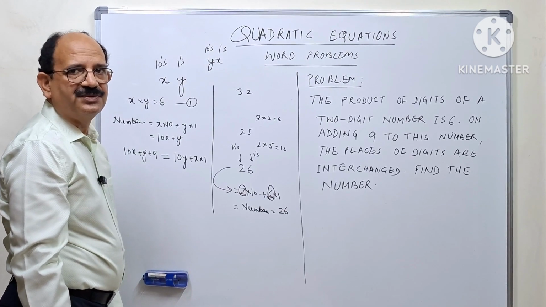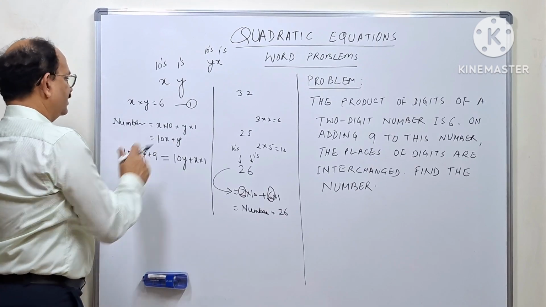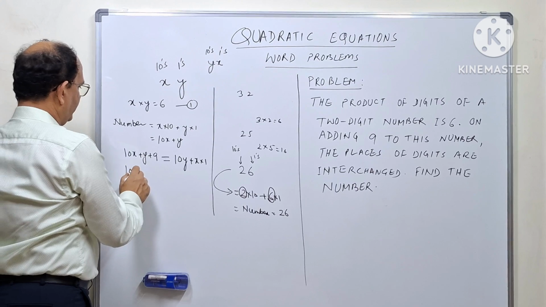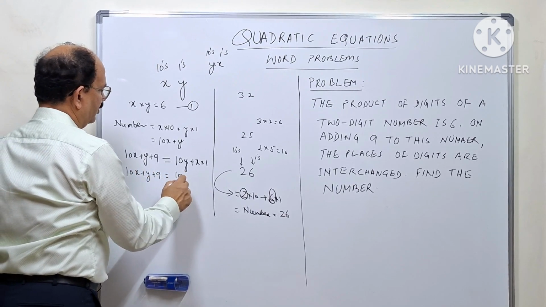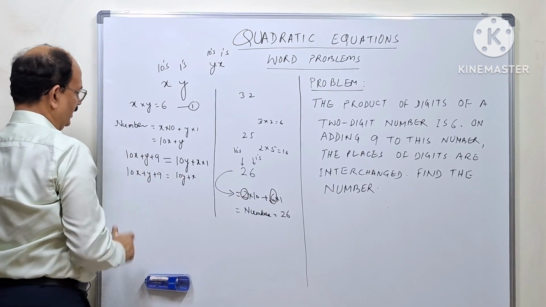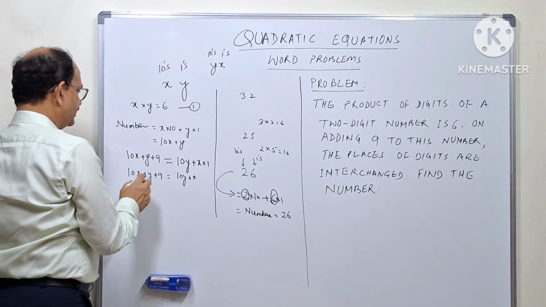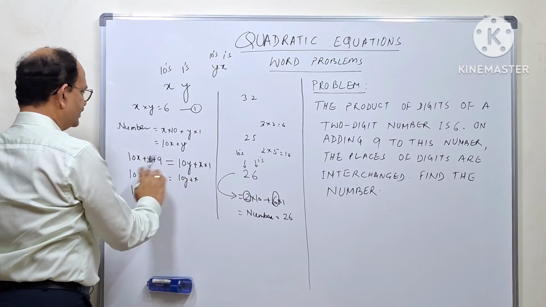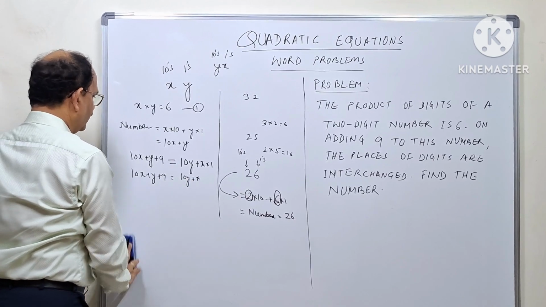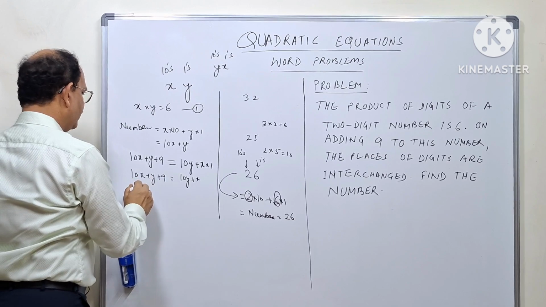Correct? So you can write 10x plus y plus 9 is equal to 10y plus x. If I collect all the digits on one side, I get 10x minus x, that will be 9x.